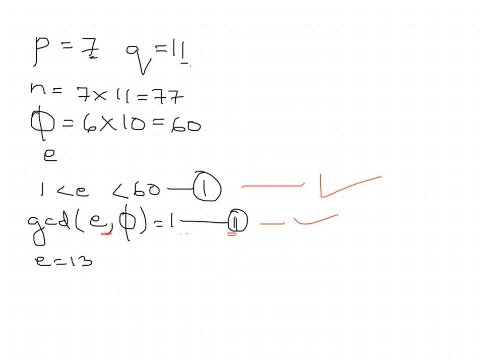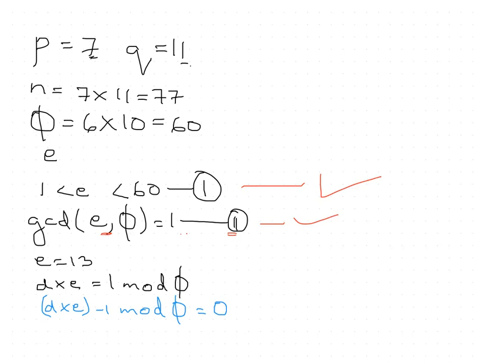Now when you calculate D, you need to keep in mind that the product of D and E should be equal to 1 mod phi, right? Which means, in other words, that the product of D and E is 1 greater than a number which is totally divisible by 5.